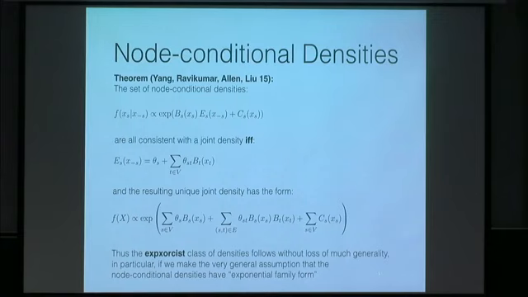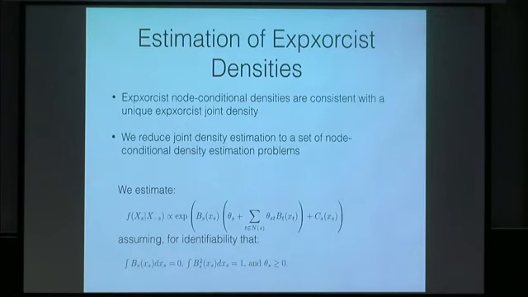And so this is where we are. This is our Expxorcist density, and since it's naturally connected to these conditional densities of exponential family form, our estimation procedure is very natural. What I'm going to do is estimate these conditional densities at each and every variable and then just stitch them together.